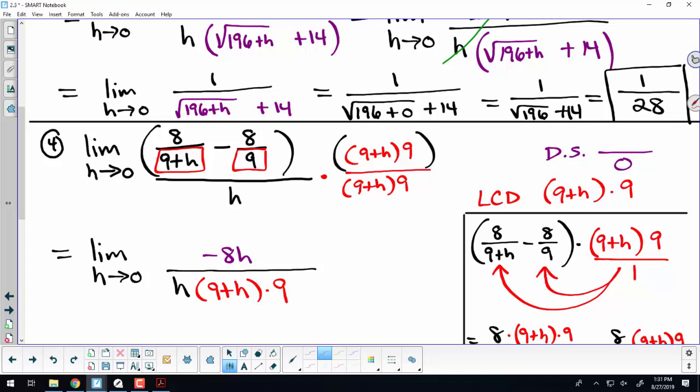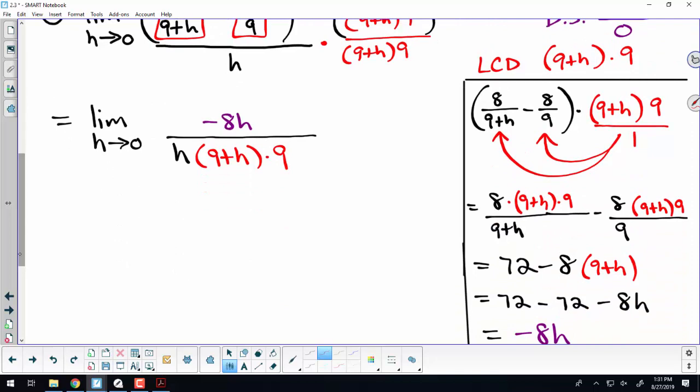And then we see, as in the other examples, the issue of the 0 in the denominator is that now we're able to divide it out by a factor in the numerator. So this simplifies to the limit as h approaches 0 of just negative 8 over 9 plus h times 9.